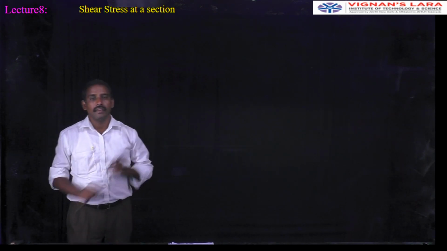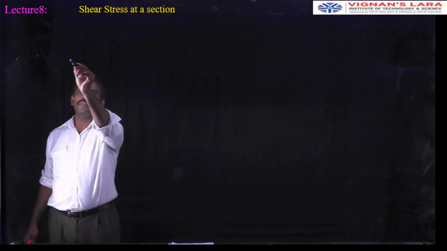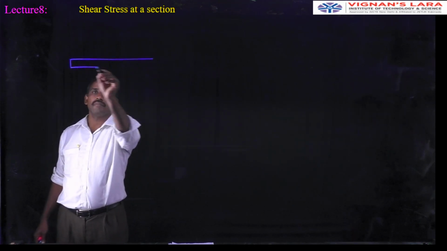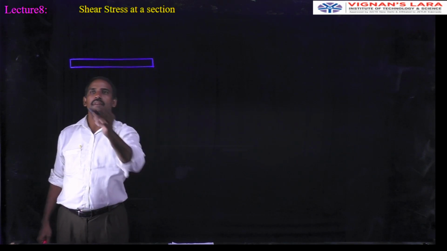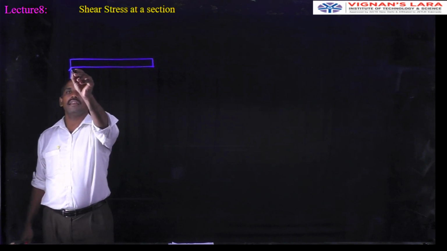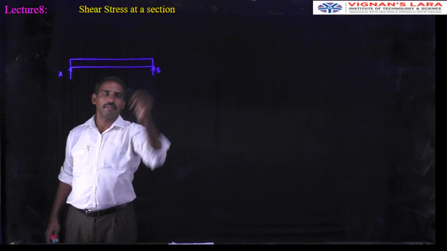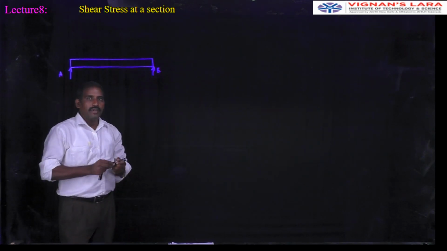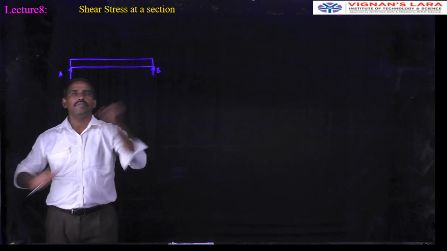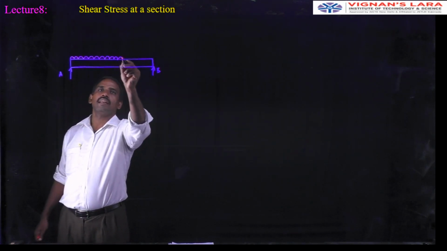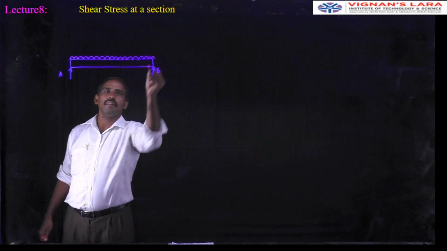For that, let us consider a simply supported beam. It is supported at end A as well as end B, for example. This simply supported beam is subjected to a uniformly distributed load over a length L, as shown in the figure.